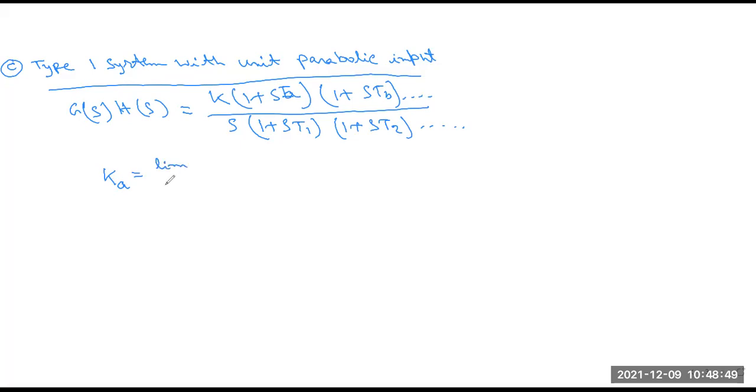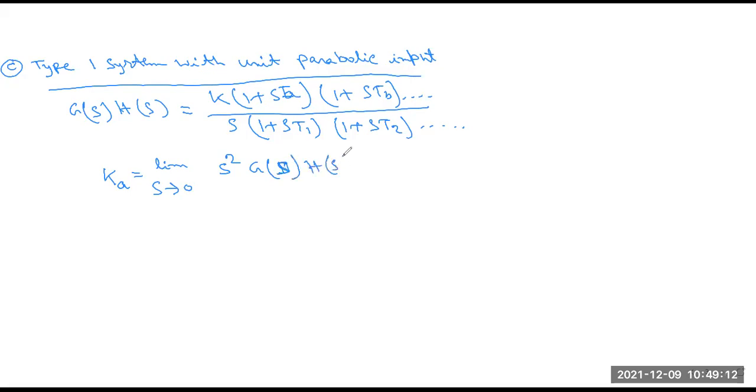So this is the general form: limit s tends to 0. For the parabolic function, the function is s square into the given equation, that is G(s)H(s).